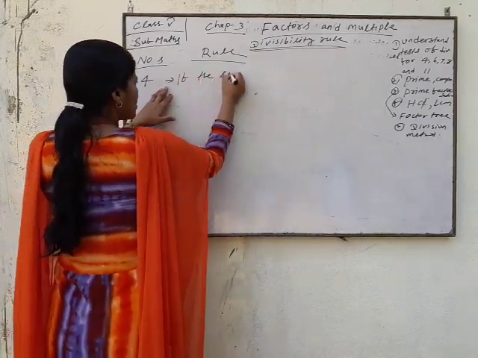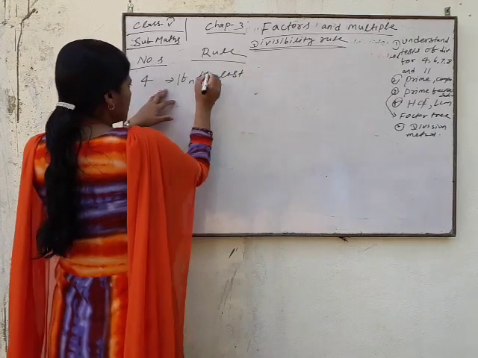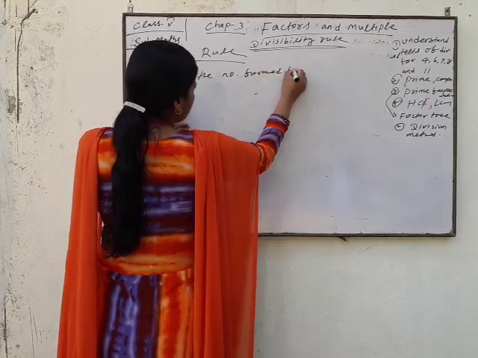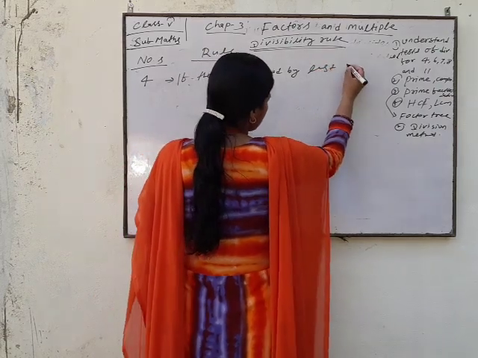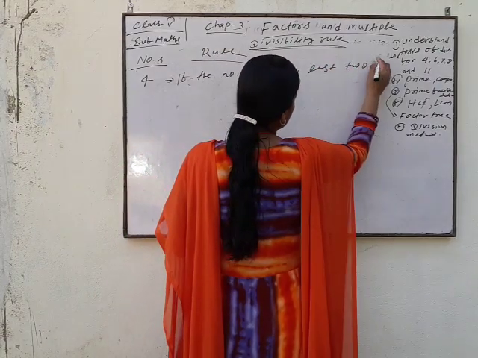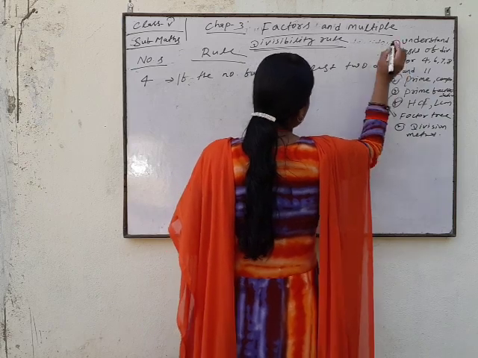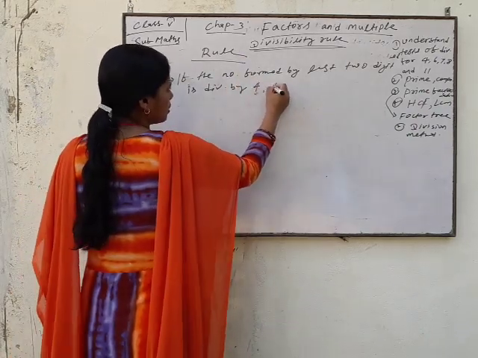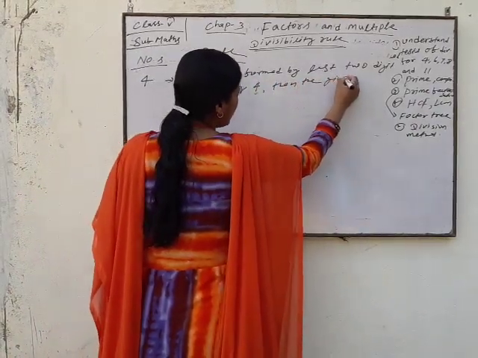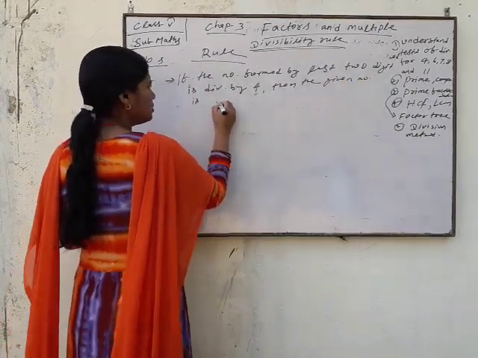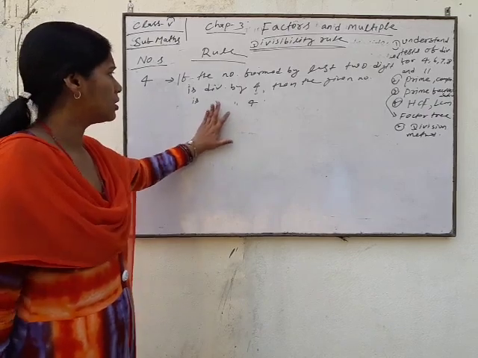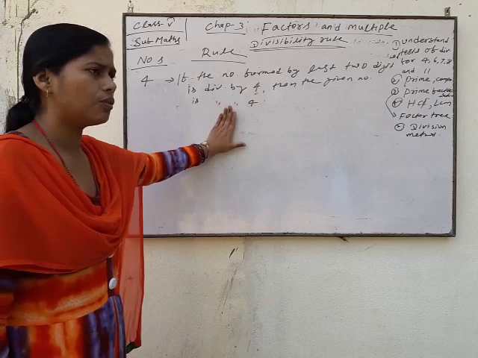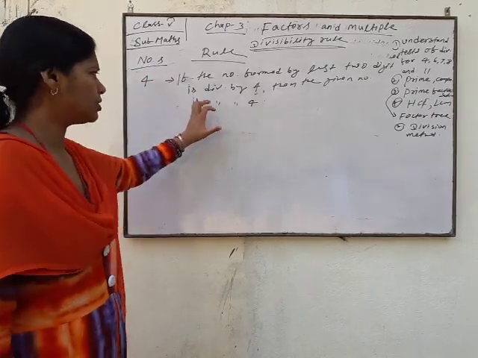If the number formed by the last 2 digits is divisible by 4, then the given number is divisible by 4. This is the rule.